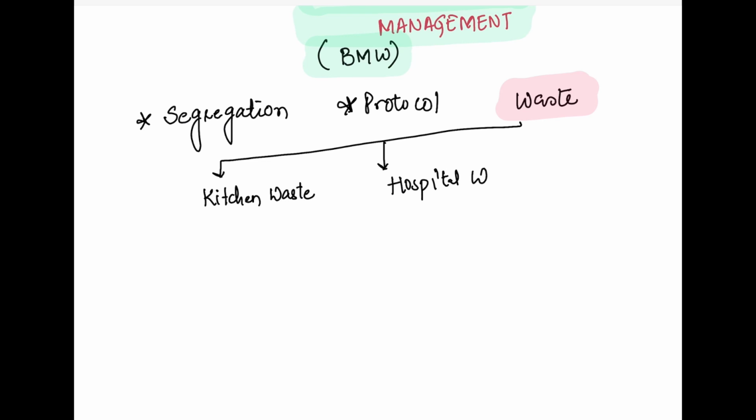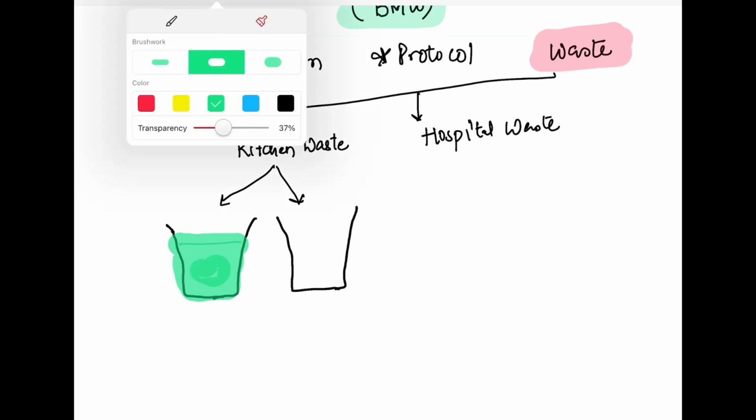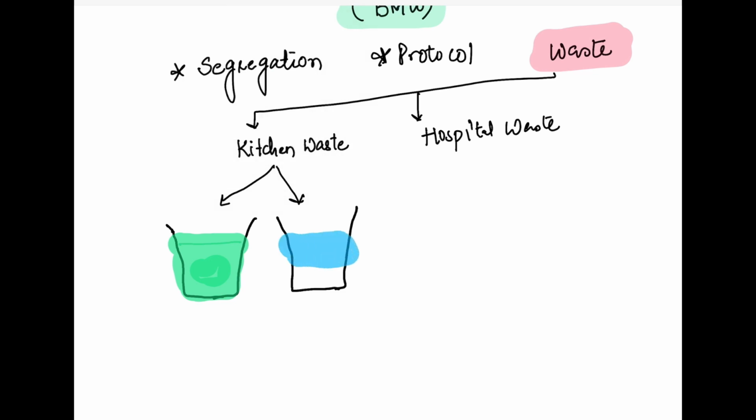Now the waste which is collected at home we generally put into two boxes. So let me create one bucket, this is one bucket and this is another bucket. One bucket we are using is green in color, and the second one is blue.